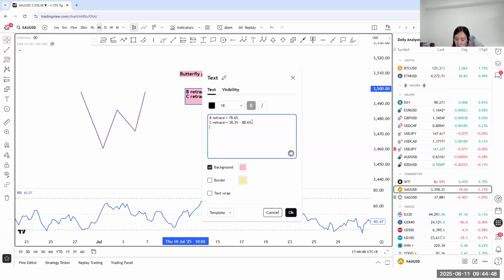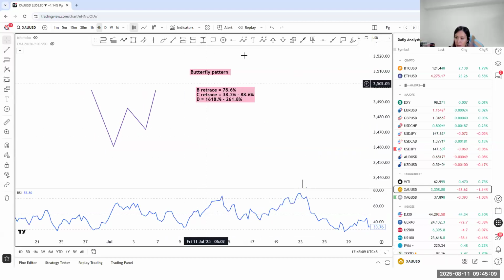And then the D point could be equal to 161.8 extension to 261, or anything where the Fibonacci levels line up together. I will show you.